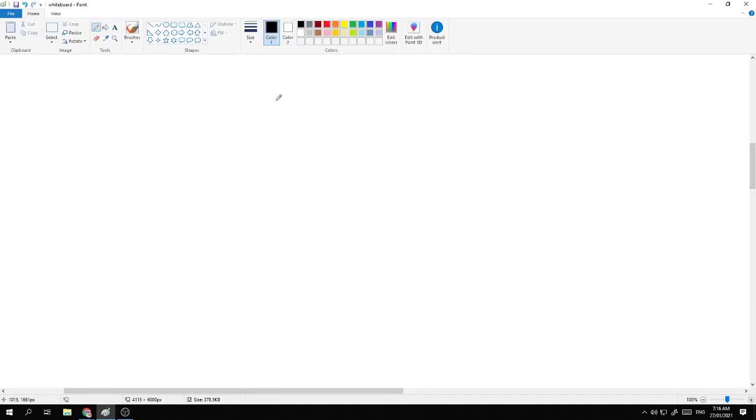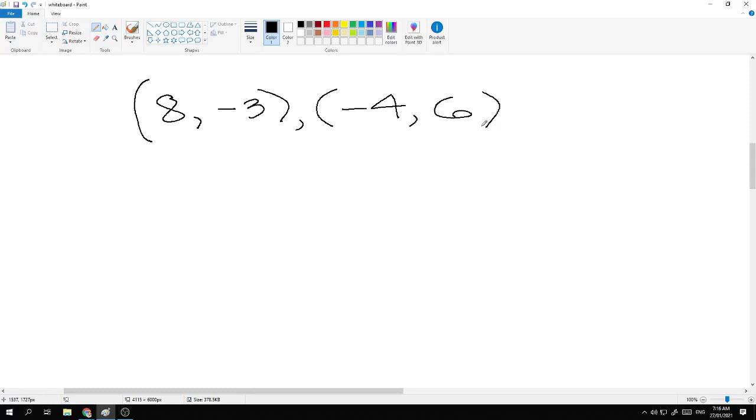What if you're given 8 and negative 3, negative 4, and 6. This one. So let's write down the formula for the slope first.